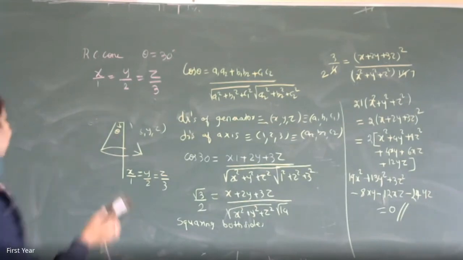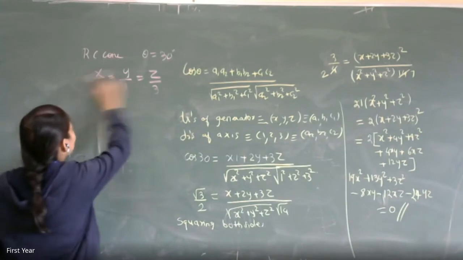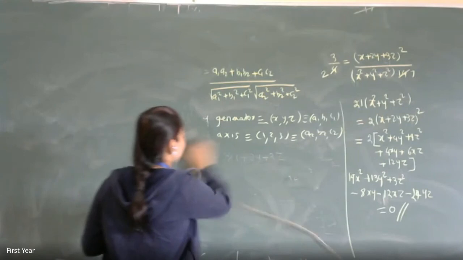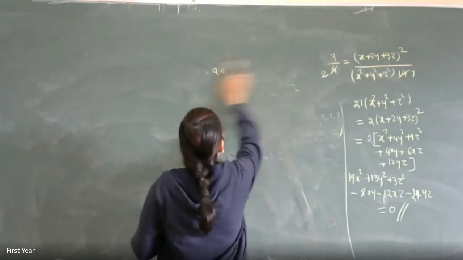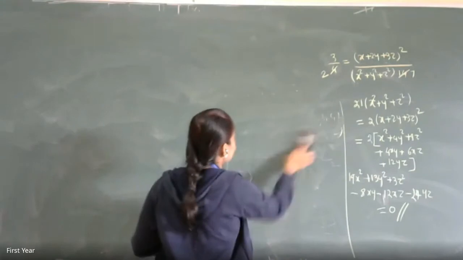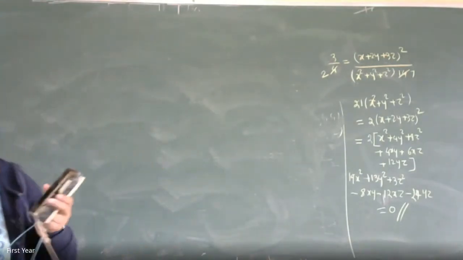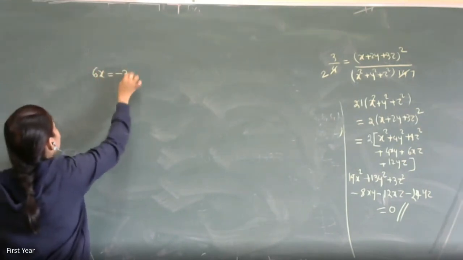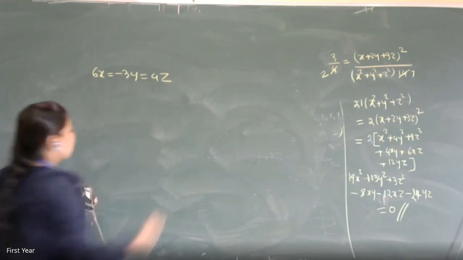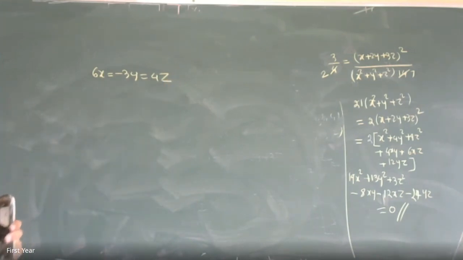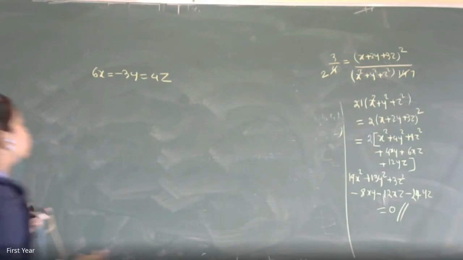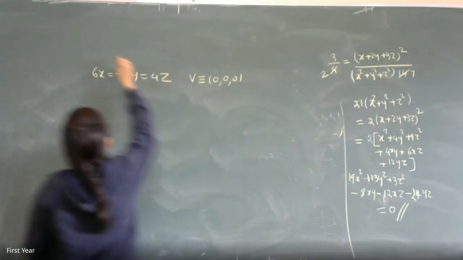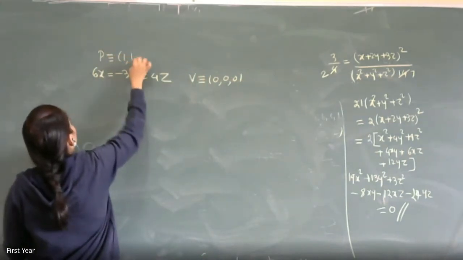The axis is the line 6x equals minus 3y equals 4z, and the vertex is the origin.